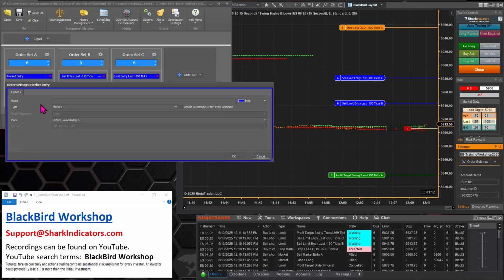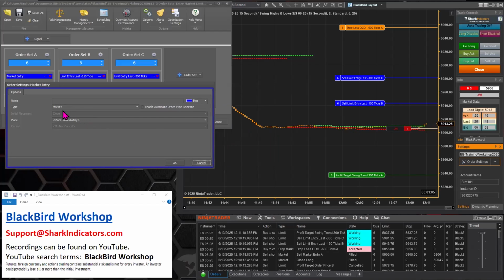Yeah, then what I mentioned before is that, right, we can't use a market entry, right? So we don't know exactly what that price will be, but if we switch to a limit, right, or a stop here, I'll just set it as a limit order to the closing price, like so.